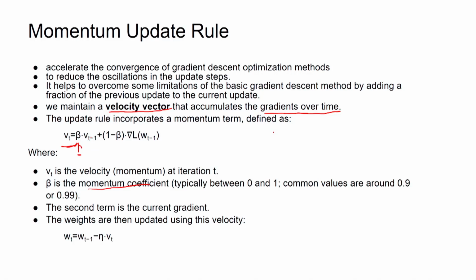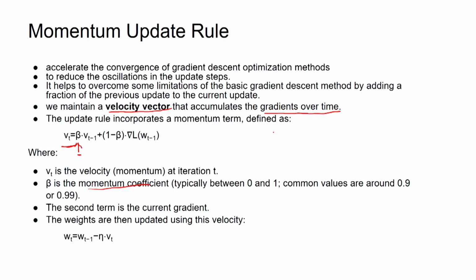This velocity has the term Vt minus 1 also, where Vt minus 1 incorporates the gradient at the t minus 1th instance and the Vt minus 2 term also. So, that accumulates previous gradients also. In this way, in the momentum update rule, we are considering previous gradients, or gradients over time.